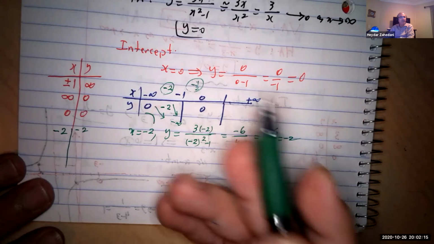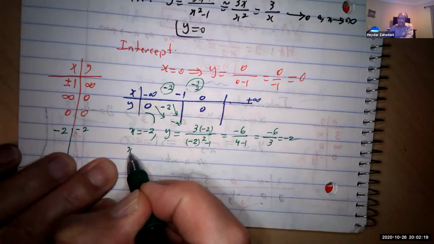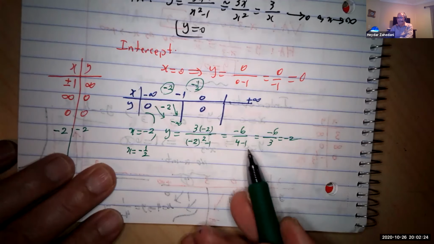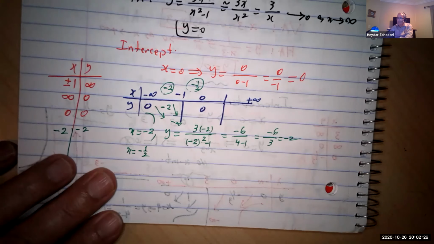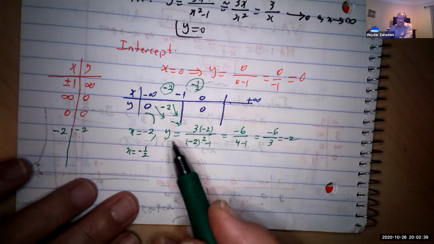Negative 1 half, negative 1 third, doesn't matter. So we go for x equal to negative 1 half. If you don't like a fraction on the top of 3x, you may go with negative 1 third. That gives you a chance to simplify it a little bit, but eventually you have to simplify everything.